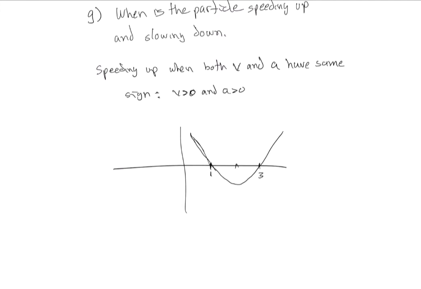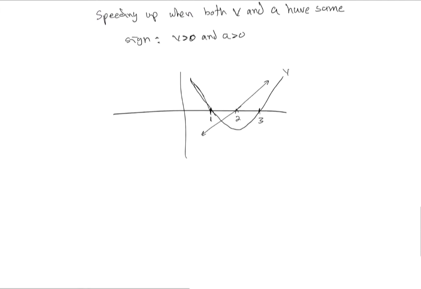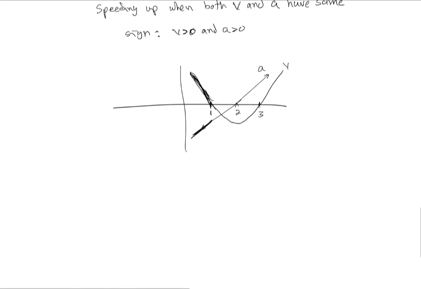All right, now our acceleration was 6t minus 12. So if I set acceleration equal to 0, that was at t equals 2. So here's that line, 6t minus 12, roughly. So when are these going to have the same sign? I can see that velocity is positive from 0 to 1. Acceleration is negative. So we're going to be slowing down from 0 to 1.